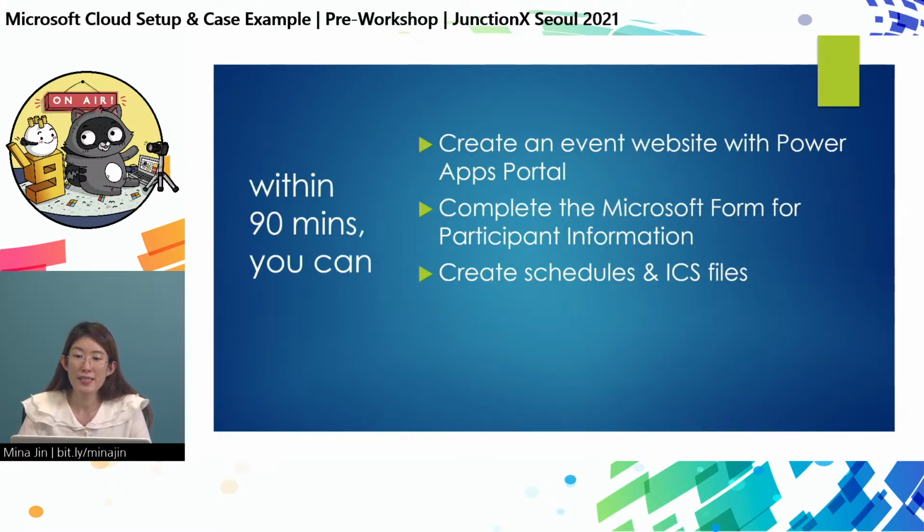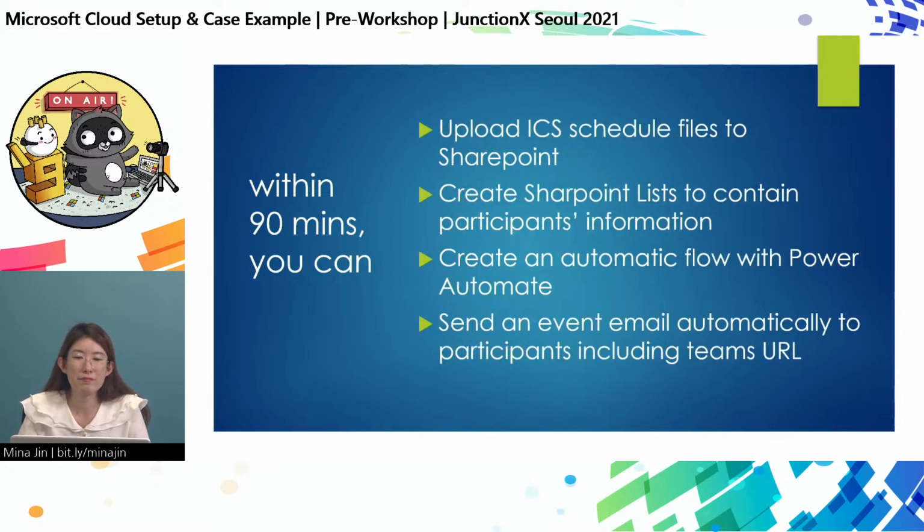Through the several tries, I finally, within 90 minutes, could create an event website with a Power Apps portal, complete the Microsoft form for the participant information, and also create schedules and ICS files too. Then, I uploaded the ICS schedule files to SharePoint and created a SharePoint list to contain participants' information.